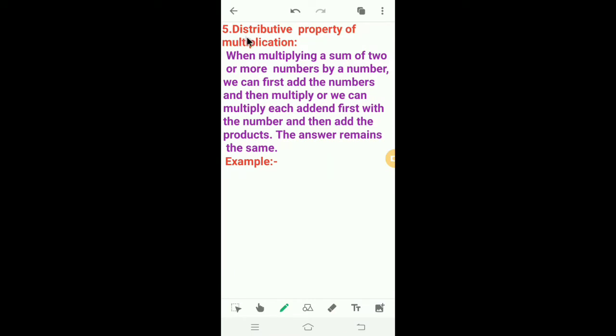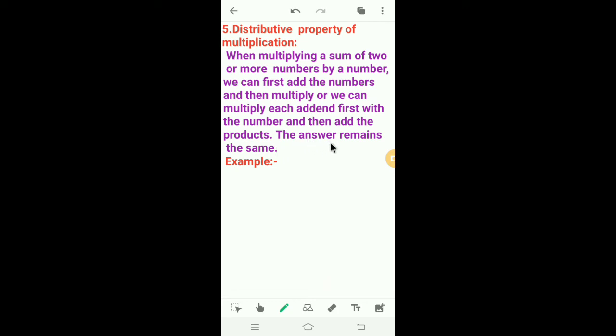Let's learn the fifth property of multiplication, distributive property of multiplication. When multiplying a sum of two or more numbers by a number, we can first add the numbers and then multiply, or we can multiply each addend first with the number and then add the product.